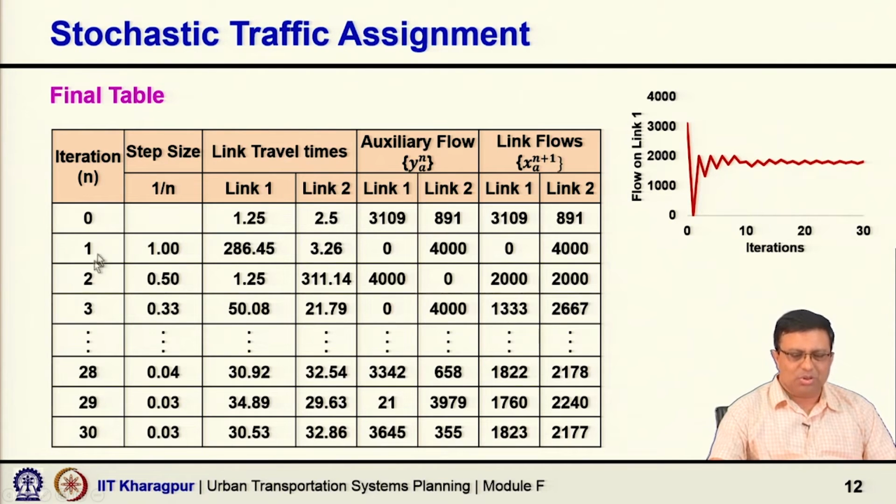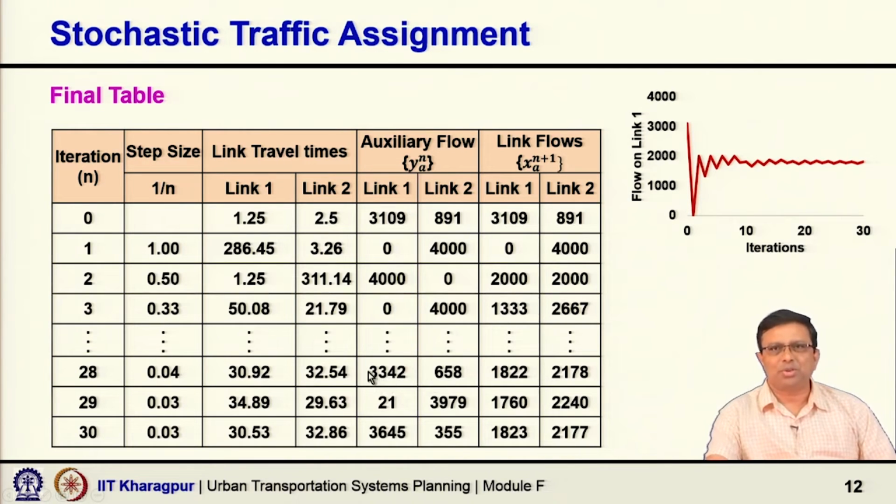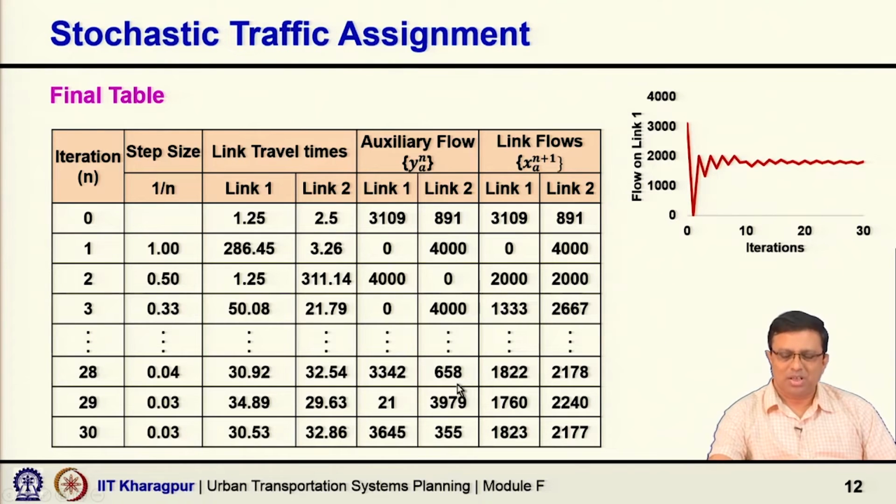Accordingly, the next row or next iteration travel times are calculated, auxiliary flows are assigned, okay. And as you can see, initially maybe something is 0, but as you proceed, finally the auxiliary flows you are doing actually stochastic loading. So, both links are getting some values and you are doing the update, and finally you stop.